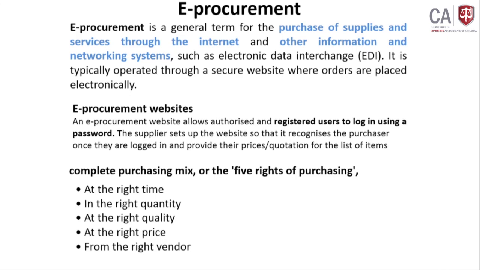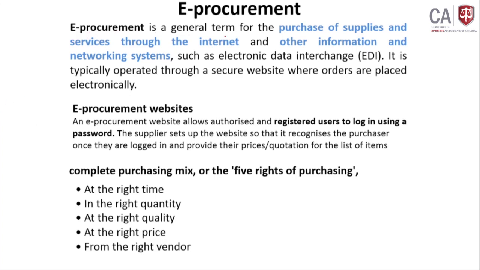E-procurement. What is procurement? Procurement is purchasing goods, whatever the items. So you have a procurement process, a buying process. E-procurement means we are doing it electronically.